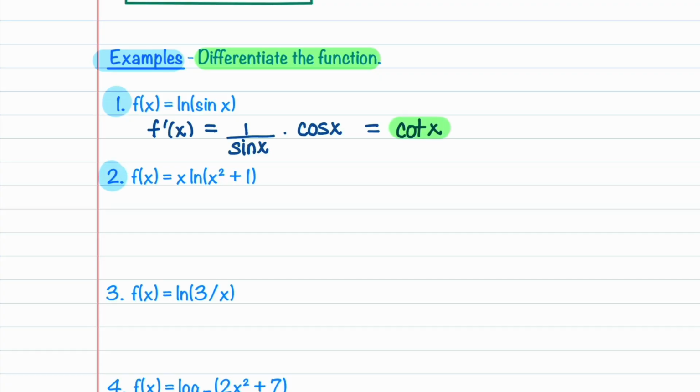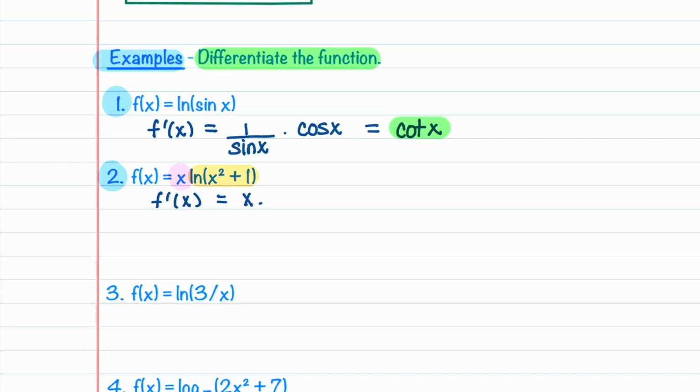Let's now look at our second example. We're going to differentiate the function x times the natural log of x squared plus 1. Notice that f of x contains 2 functions, x and the natural log of x squared plus 1. So to take the derivative, we're going to use the product rule. This gives us f prime of x is the first, which is x, times the derivative of our second function.